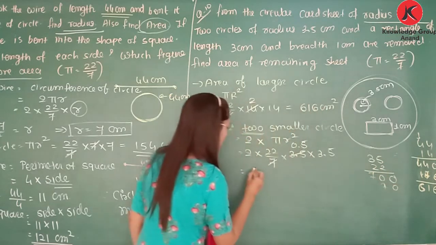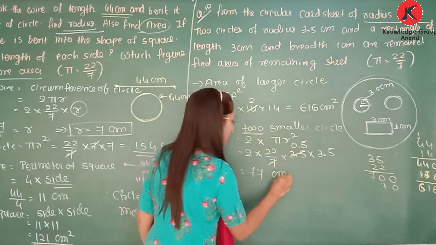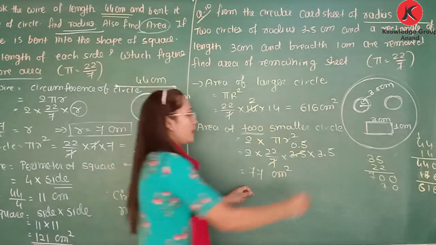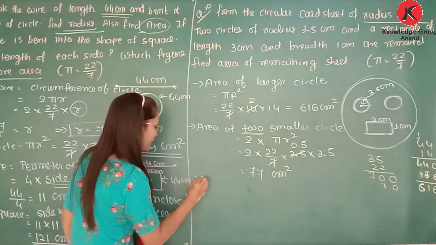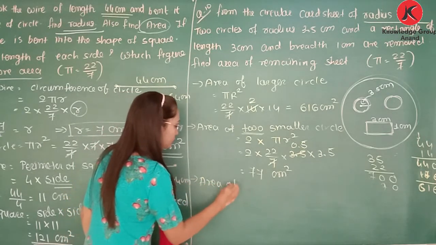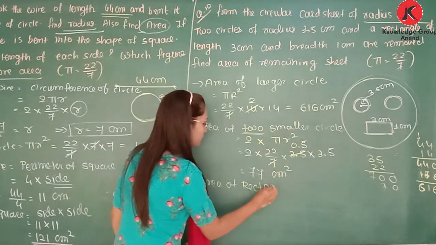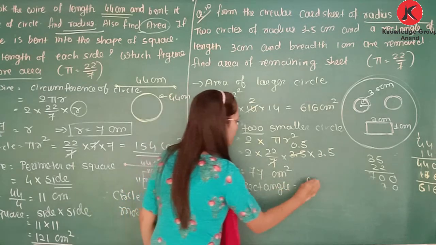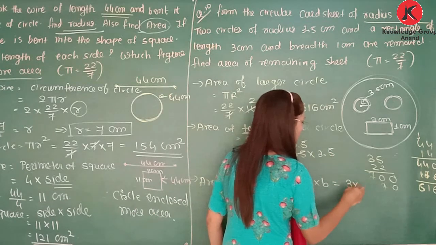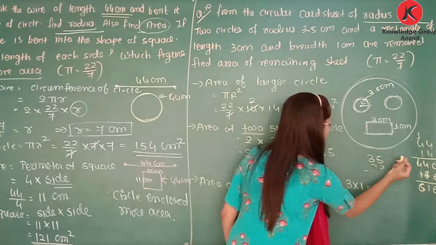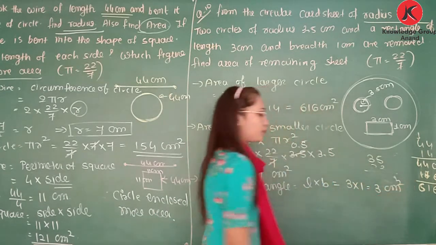So that is 77 centimeters square. So area of these two circles is 77. Now area of rectangle. That is length multiplied by breadth. Length is 3, breadth is 1, so it is 3 centimeters square.